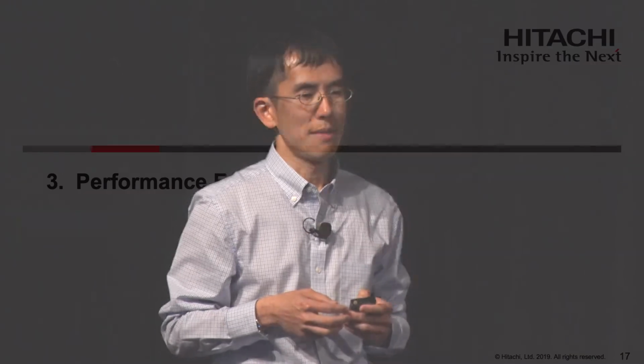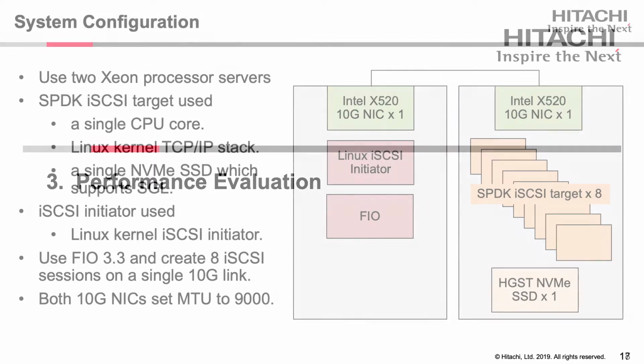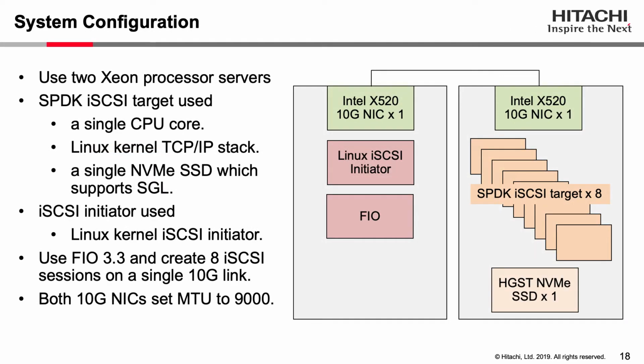From here, I will share the data of my initial performance evaluation. I created a simple system to evaluate the performance. I used 2 Xeon processor servers connected by a single 10 gig NIC cable. On the SPDK iSCSI target, I used a single CPU core to evaluate efficiency exactly.